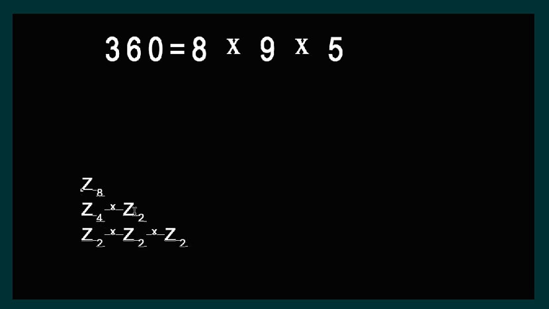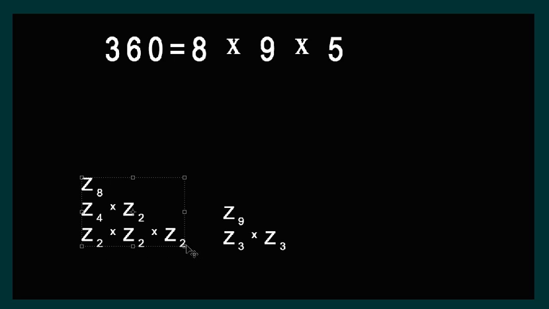Okay. Now, for the group of 9, we can express it as itself, a group of 9, and then a group of 3 times a group of 3. As you can see, these are the prime numbers at the bottom: 3 and 3.